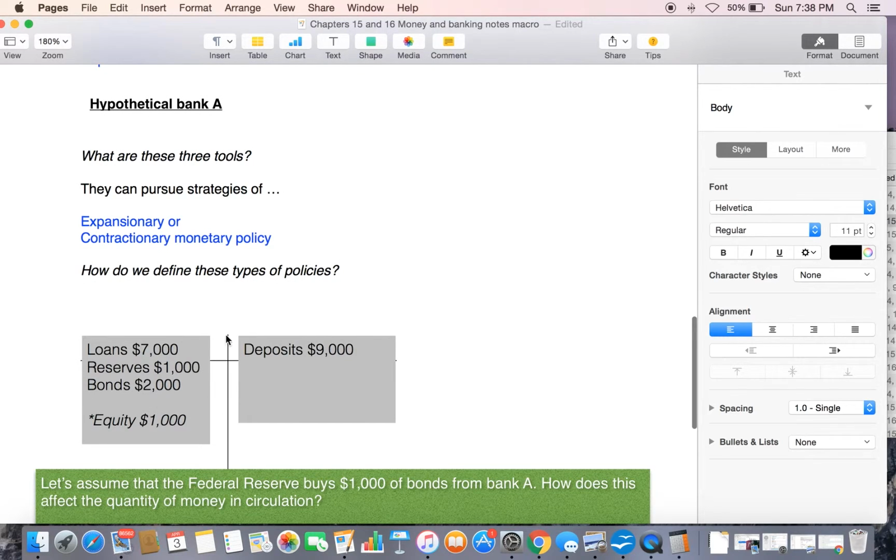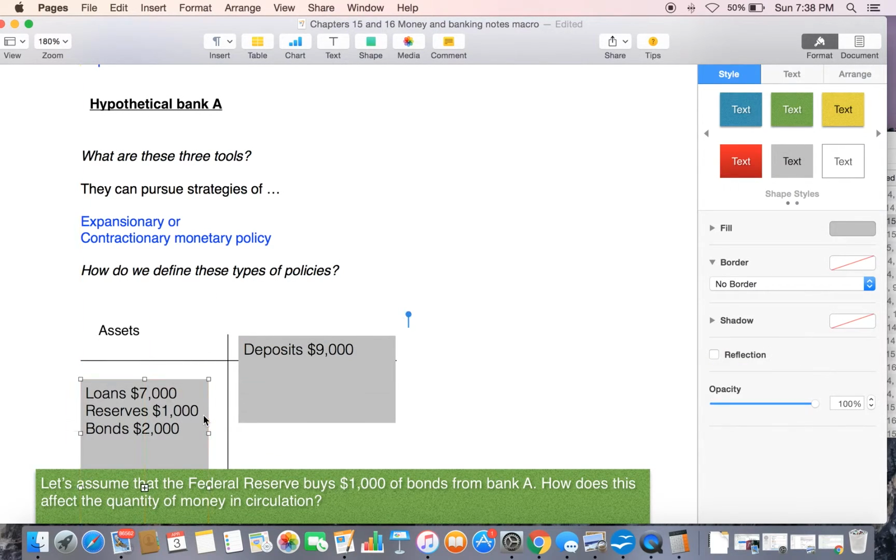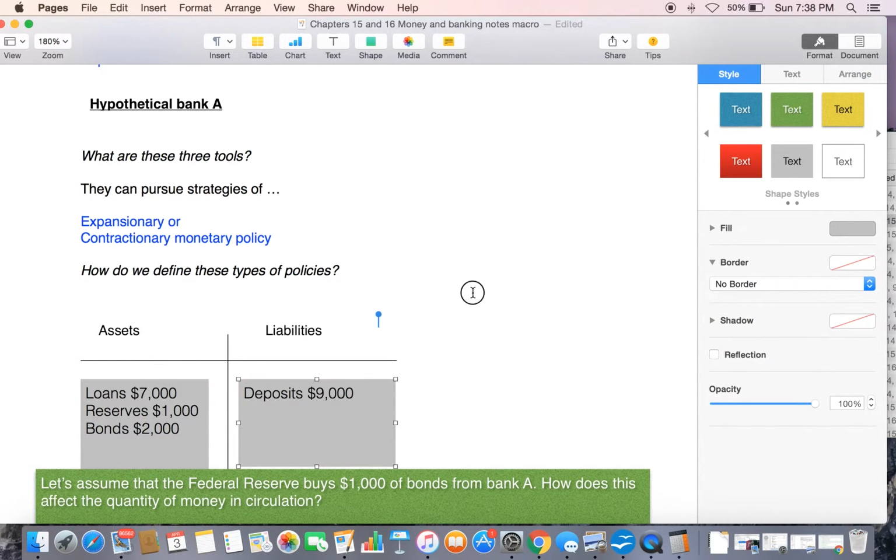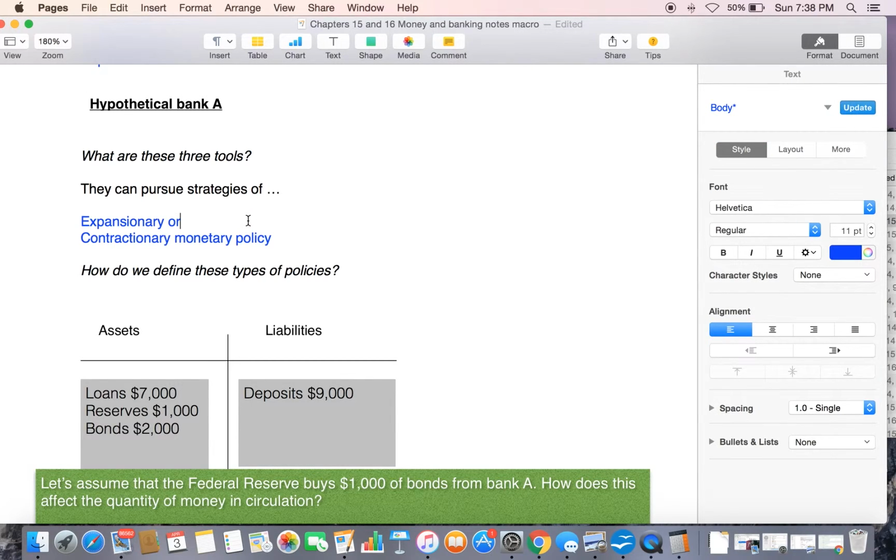Now, let's take a look at how their policies work. So an expansionary policy would be one where the Fed, in an expansionary monetary policy move, will decrease interest rates in an attempt to increase aggregate demand.